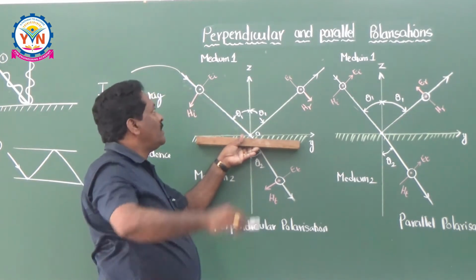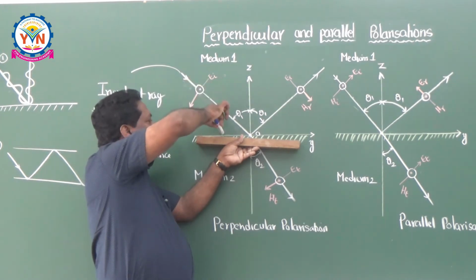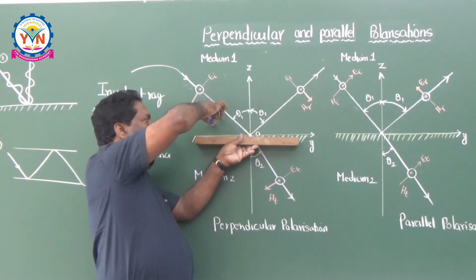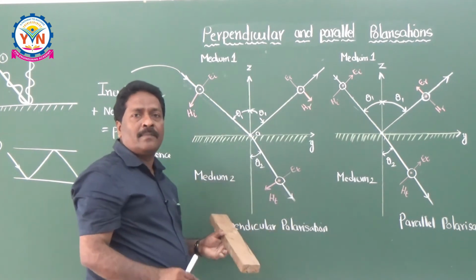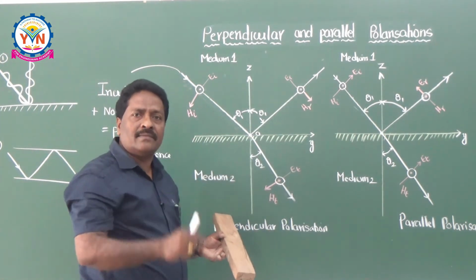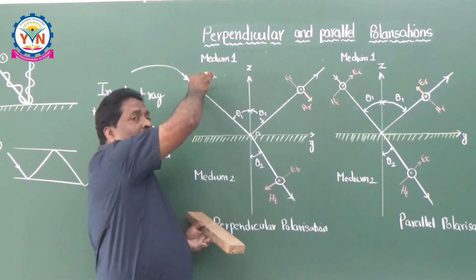Remember this. Plane of incidence తో చెప్పినప్పుడు perpendicular అన్నాను. With respect to boundary surface చెప్పినప్పుడు horizontal polarization అన్నాం. So the boundary surface is always having the nomenclature of horizontal and vertical, whereas the plane of incidence is having perpendicular or otherwise parallel.